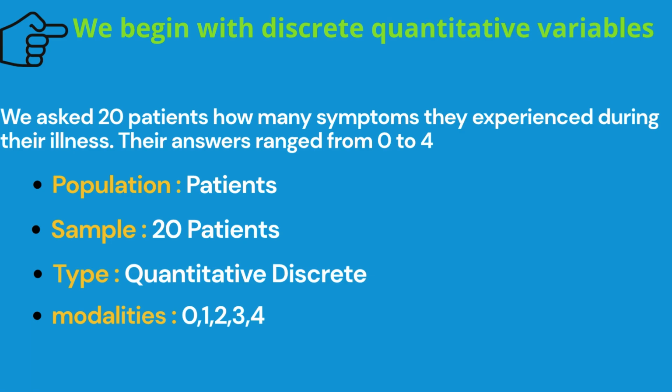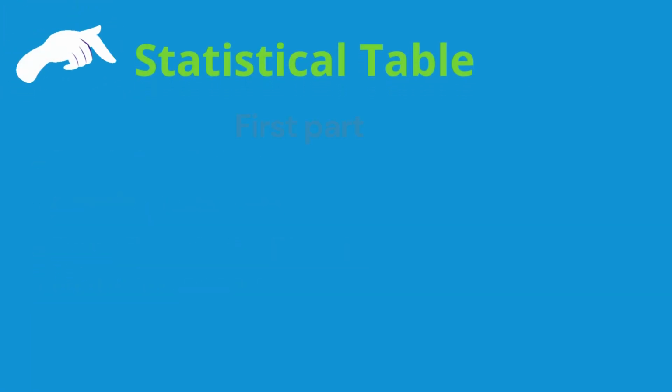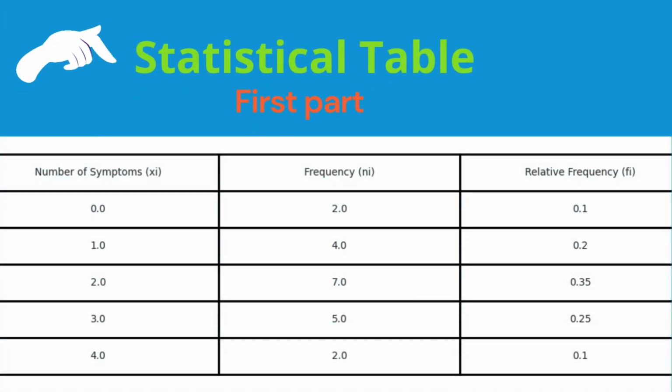That's why it's a discrete quantitative variable. The way we define the population, the variable, and the type is exactly the same as before. The main difference is that now we are working with numbers. So, the statistical table involves calculations.